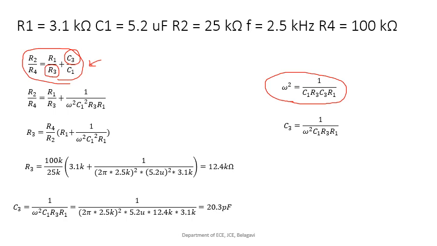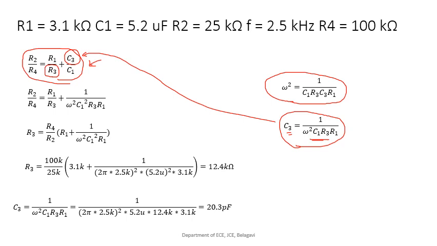So we will write it with respect to C3. C3 will be equal to 1 divided by omega square C1 R3 R1. We will substitute this value of C3 here.